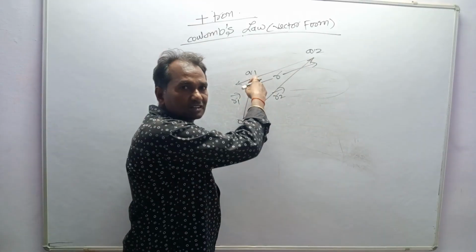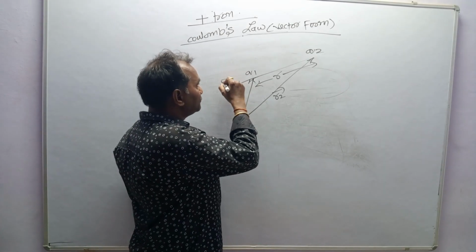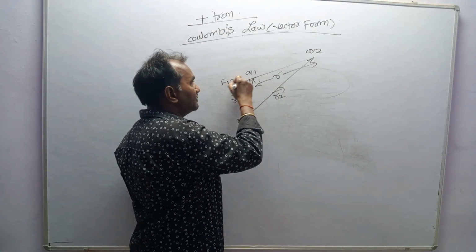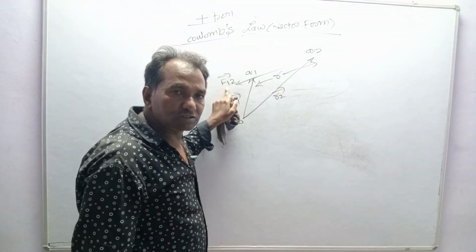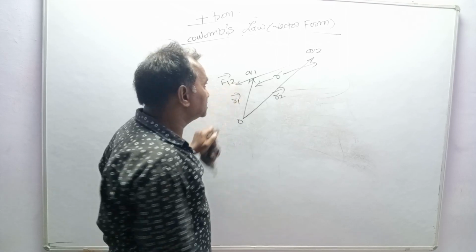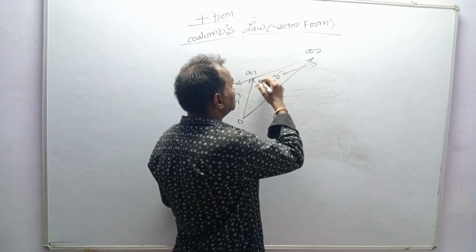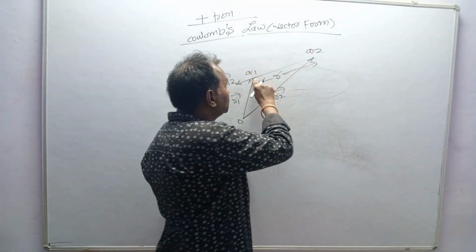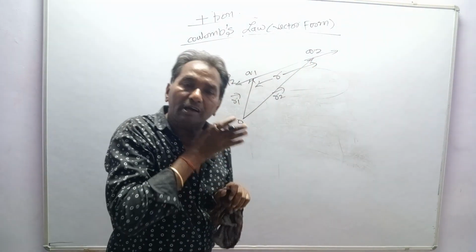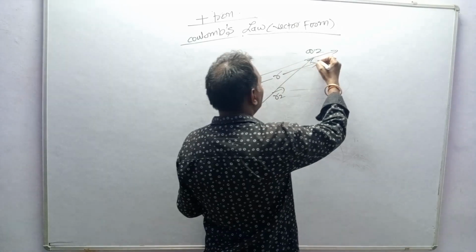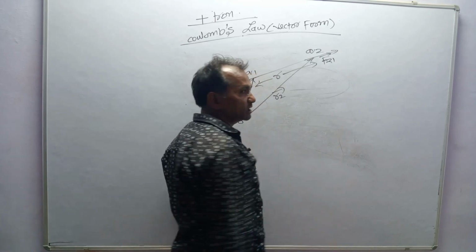This charge will repel this charge along the line joining them, and the force acting on the first charge due to the second is F12, along the line joining these two charges. Now look here, the force acting on second due to first would be like this. This charge will repel Q2 along the line joining them, and that would be F21, the force acting on second due to first charge.